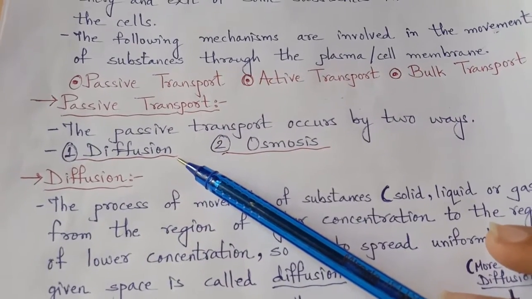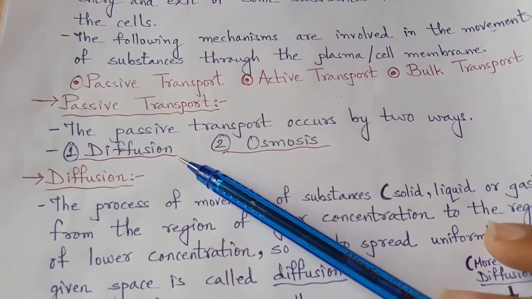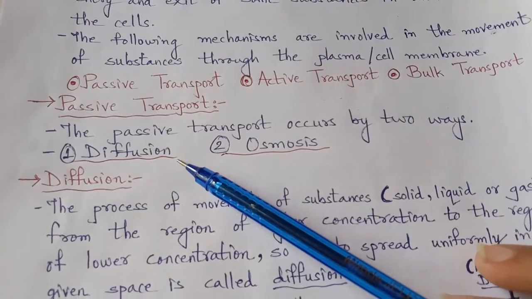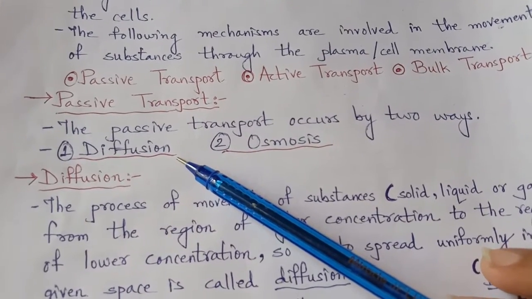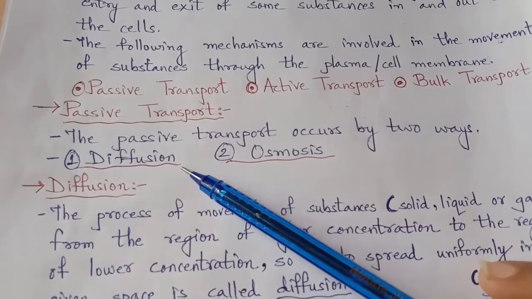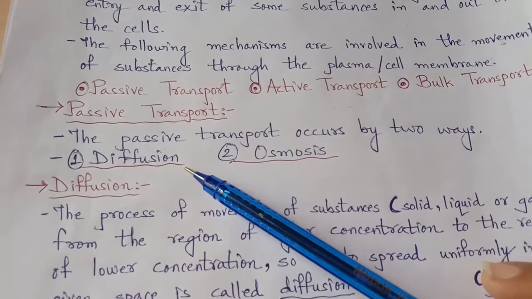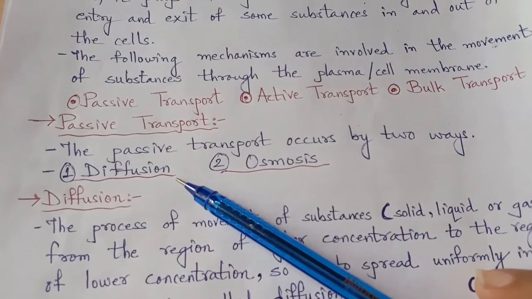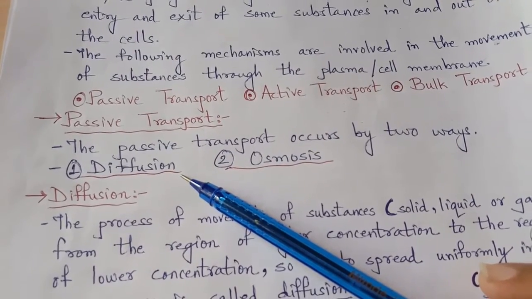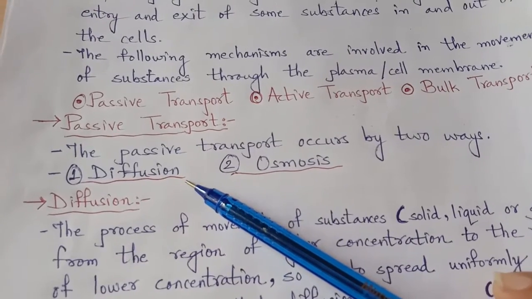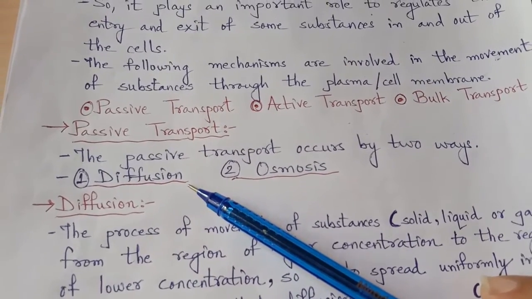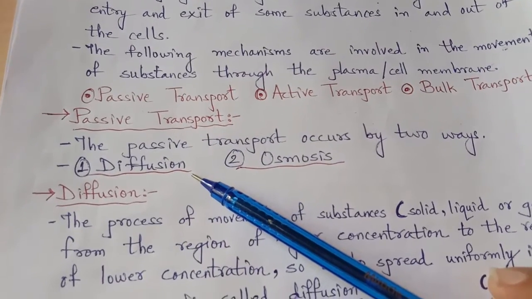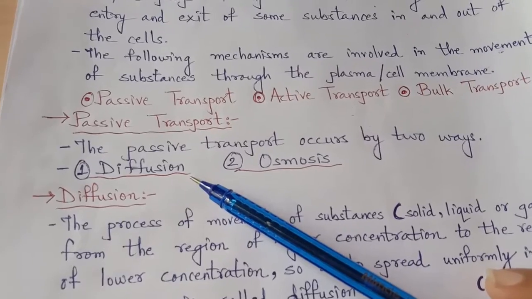One example, even I have explained during the first chapter: if you take clean water in a glass, and if you add a drop of blue or red ink in it, and you are not stirring, you just keep aside that glass, and after a while, if you observe, you will see that from top to bottom, throughout, the water will appear reddish in color. How did this happen?